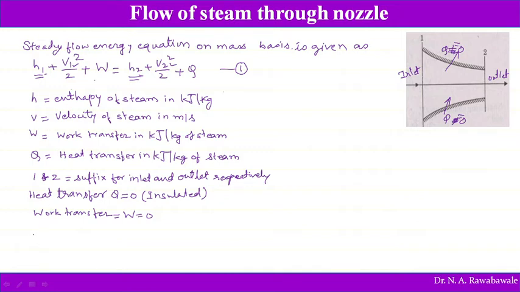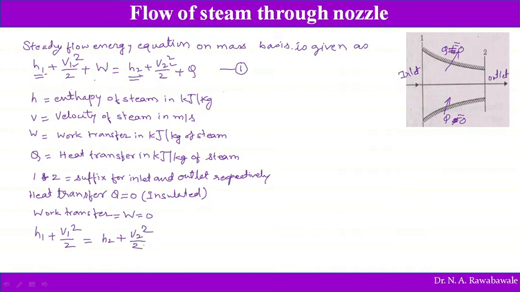Therefore, equation number 1 can be written as H1 plus V1 square divided by 2 is equal to H2 plus V2 square divided by 2.